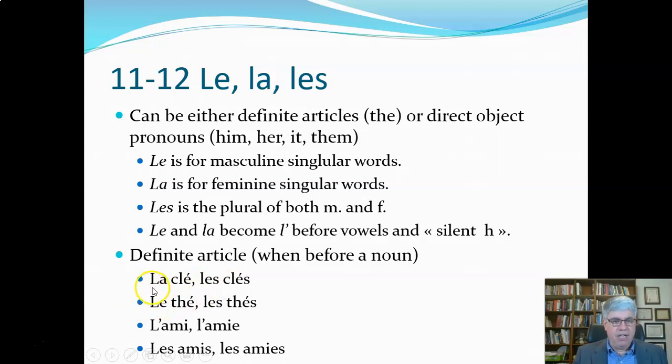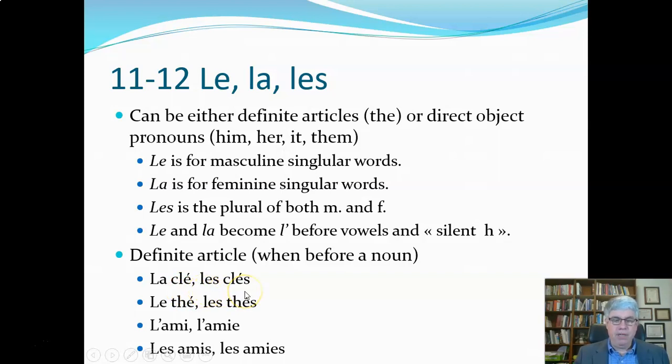So here we have la clé. Clé is a key, like the treble clef in music, C-L-E-F, which comes from the word clé. In fact, sometimes la clé is spelled with an F. But we've got la clé, it's feminine, so that's the key.